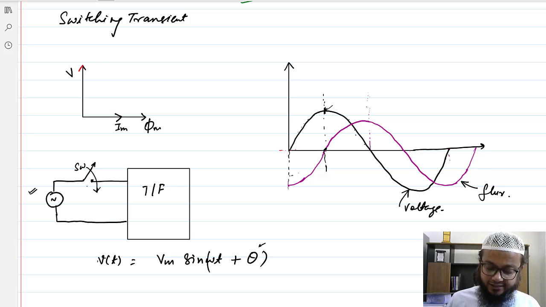That theta is decided by the instant of turning on the switch SW. So let's say I am turning on when theta is at 90 degrees.